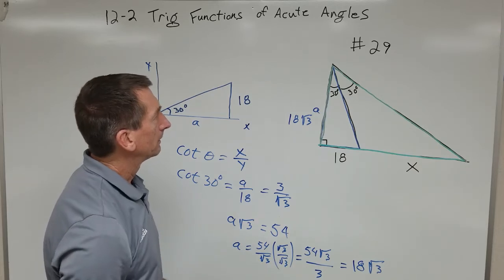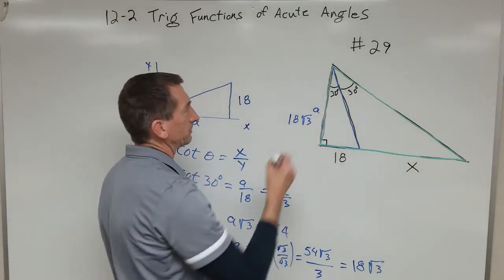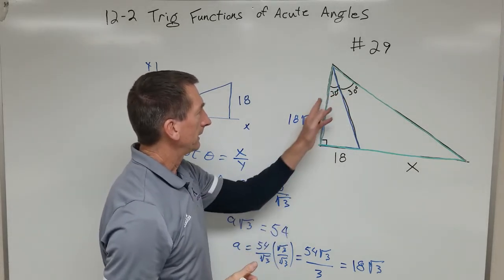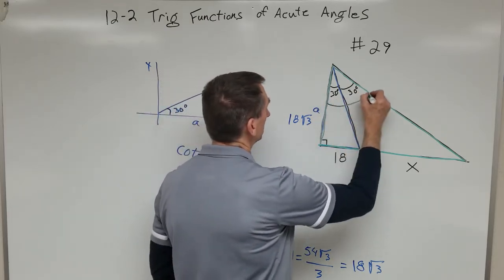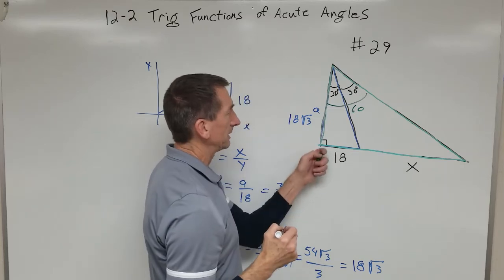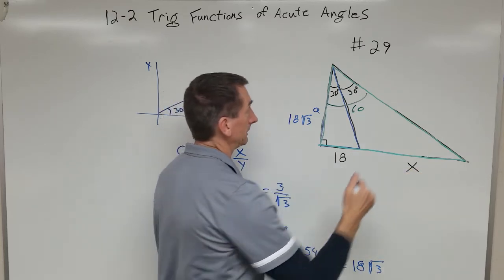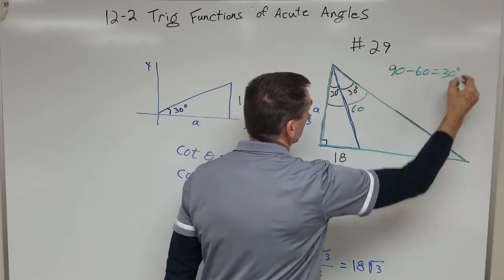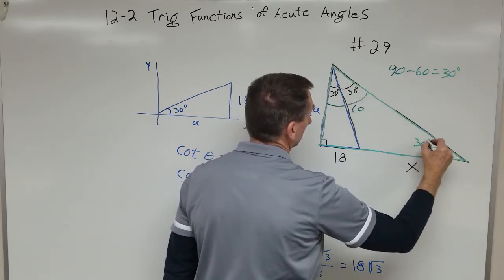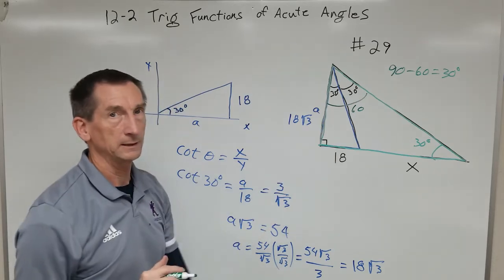So notice up here I've got 30 degrees plus 30 degrees. That gives me, of course, 60. If this is 60 total, and this is 90, guess what that's got to be? Yep, 90 minus 60, 30 degrees. This is a standard 30, 60, 90 triangle.